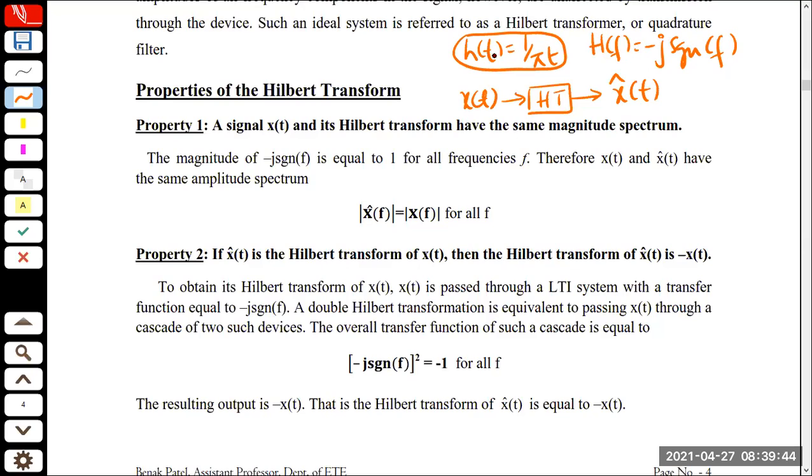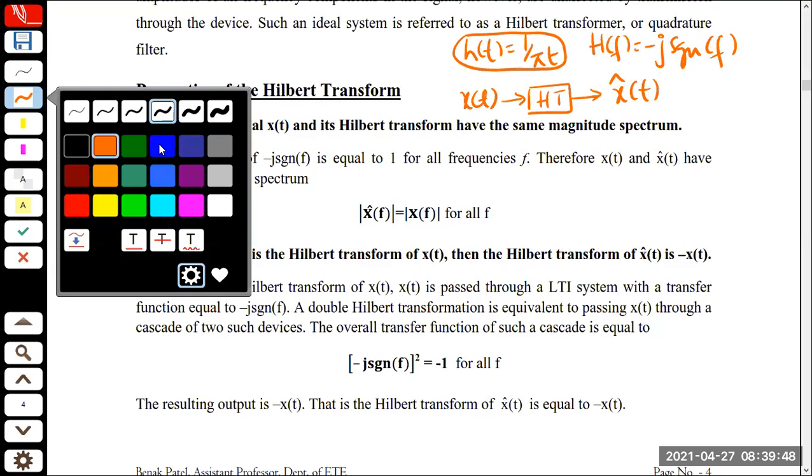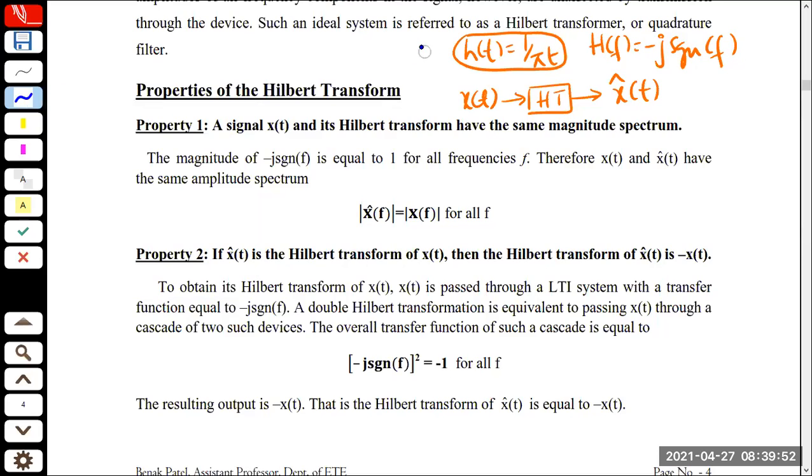Here h of t is in the time domain. We are trying to speak of the same thing in two different domains. This is in the time domain, and the transfer function h of f is the same thing, only in the frequency domain.